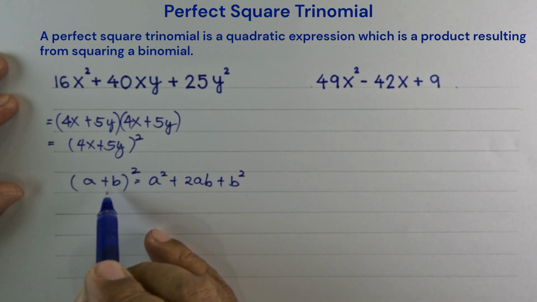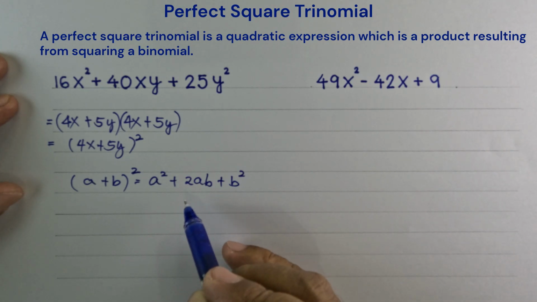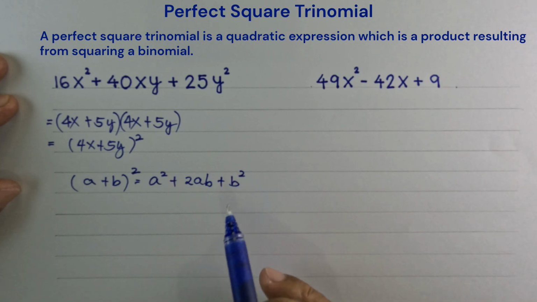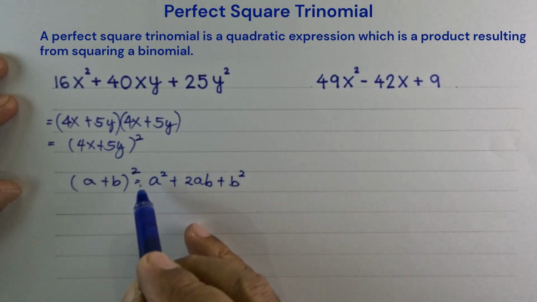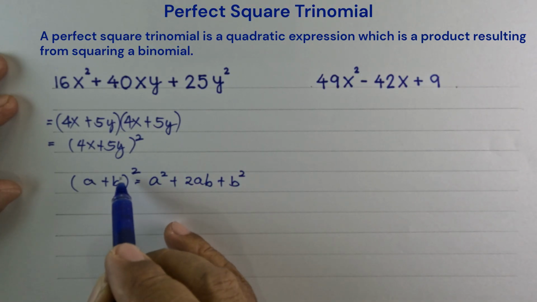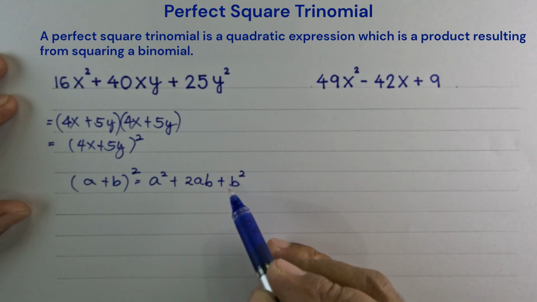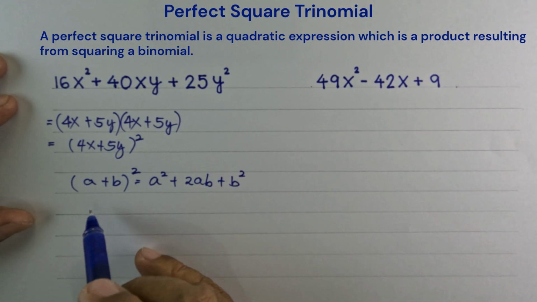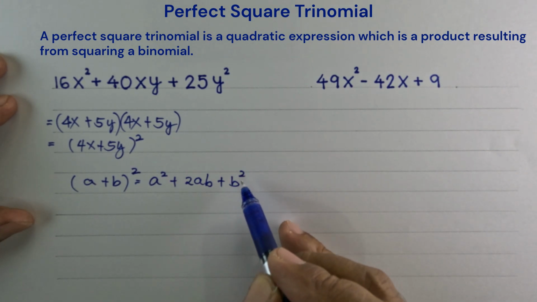So squaring a binomial, or any binomial for that matter, would result in a perfect square trinomial. And likewise, factoring a perfect square trinomial would result in the square of a binomial. Now, let's check if this factoring is correct using this general formula.